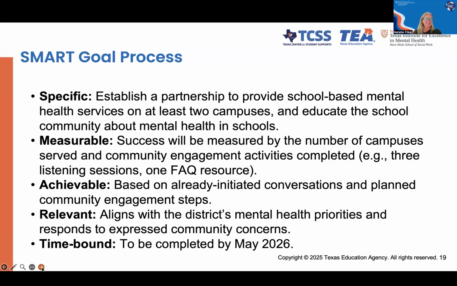Here are some ways that these specific goals could be relevant. These goals align with the district's mental health priorities and respond to expressed community concerns. And here's one example of a way to make this goal time-bound. Set a deadline for completion by May of 2026 at the end of the school year following implementation.